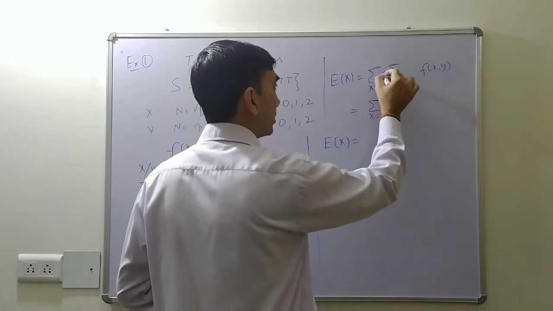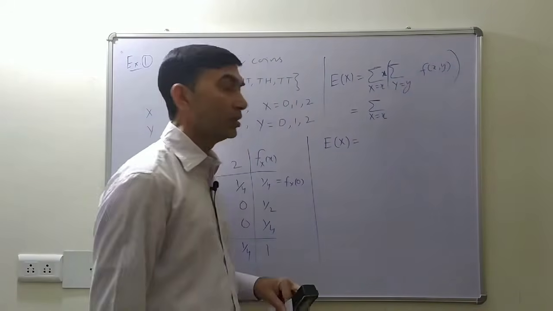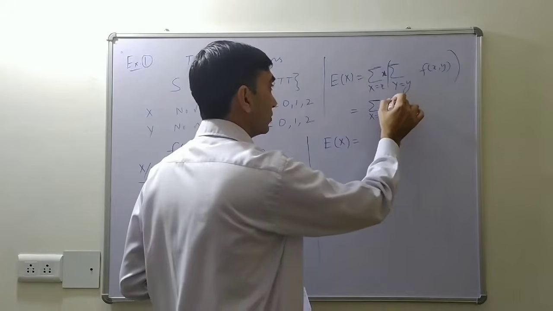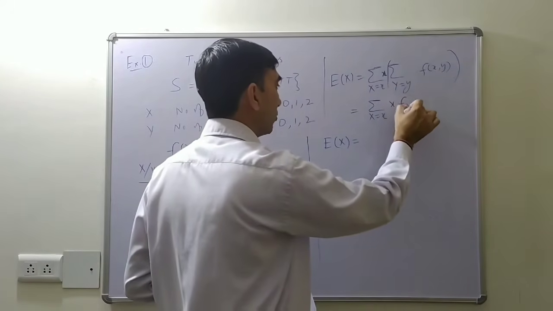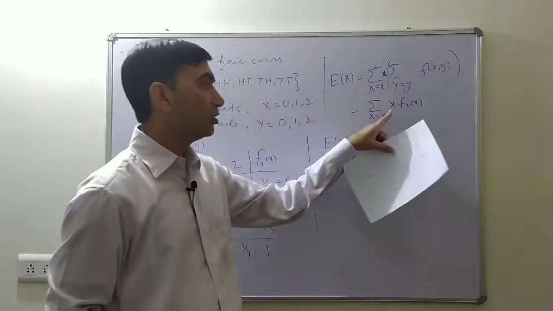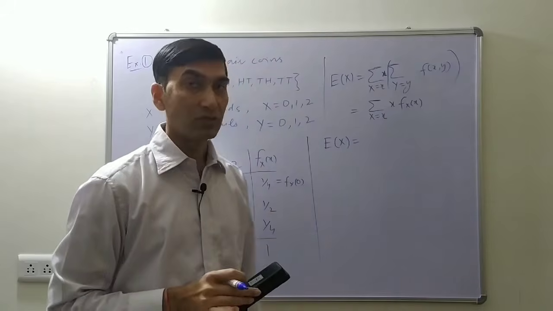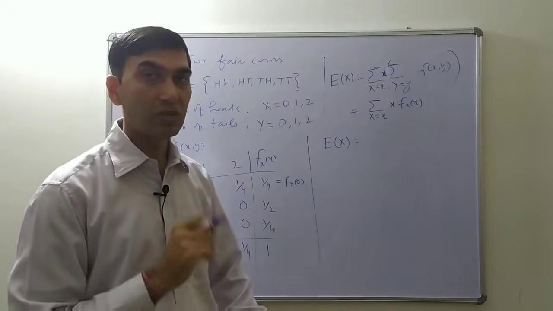But what is the remaining thing? What is the remaining thing by definition? It is marginal density of Y. No, marginal density of X, because you have summed over y. It means if you multiply x values with the corresponding marginal density of X values, then we can get expectation. In this case, you need to solve only one summation.